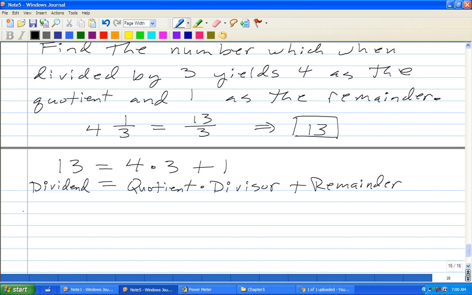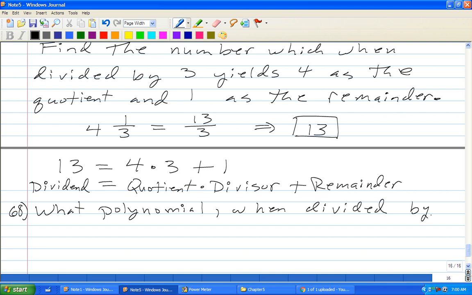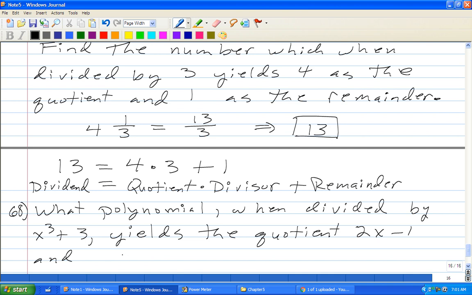Let's say problem number 68. What polynomial, when divided by x squared plus 3, yields the quotient 2x minus 1 and the remainder 3x plus 4?